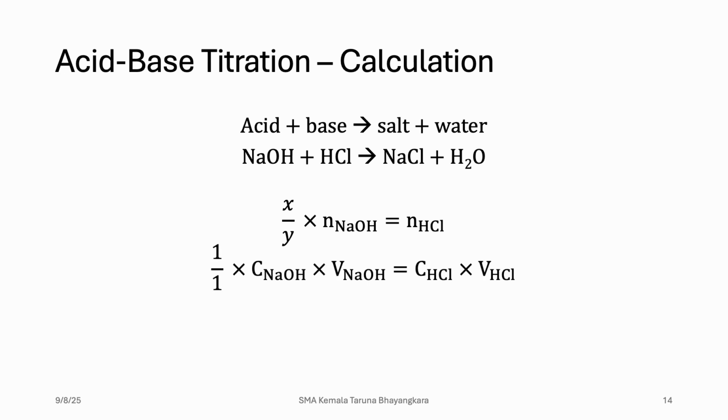Because the X and Y values are 1, I put them into the formula and change the moles into concentration times volume. So 1 over 1 times C NaOH times V NaOH equals C HCl times V HCl. So we can calculate the concentration of HCl as volume of NaOH over volume of HCl times concentration of NaOH.